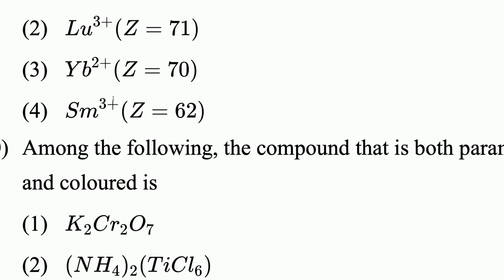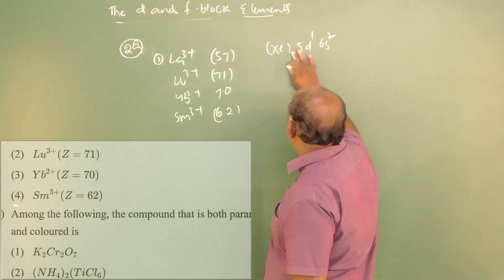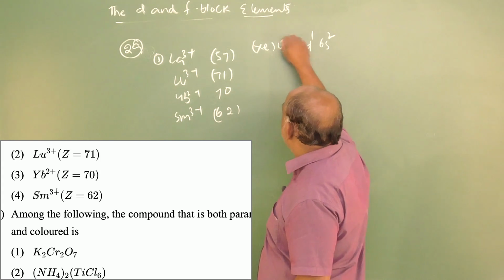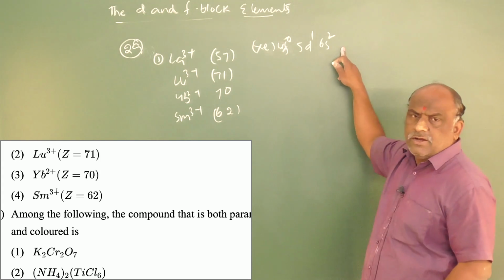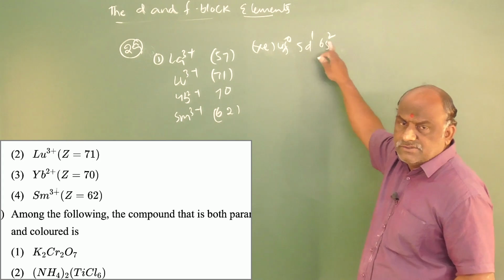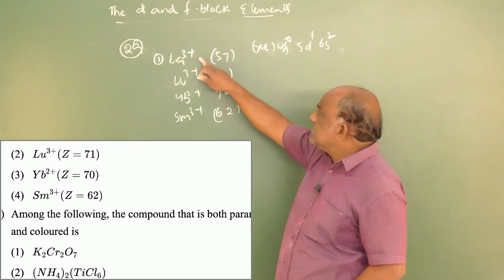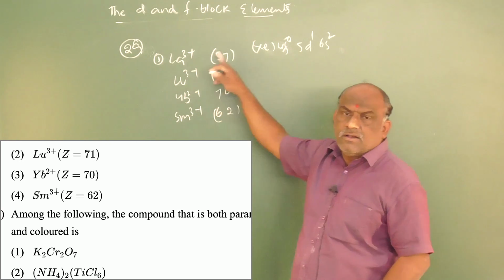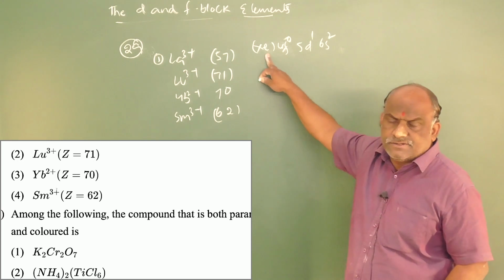Already we know the lanthanum configuration: xenon 4f0 5d1 6s2. Removing 3 electrons from this, we get 4f0 5d0 6s0. Lanthanum 3+ is an example of noble gas configuration.